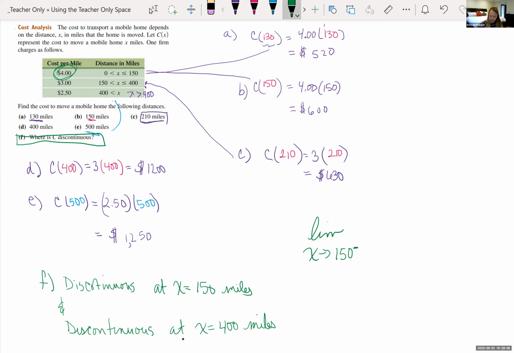So that would be 4 times x, which we can do direct substitution, and we saw that was 600.